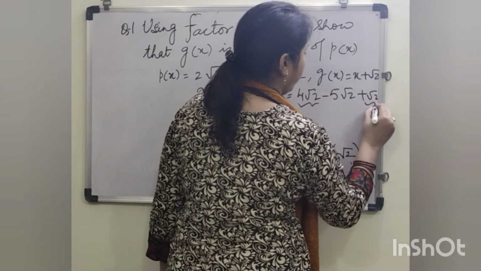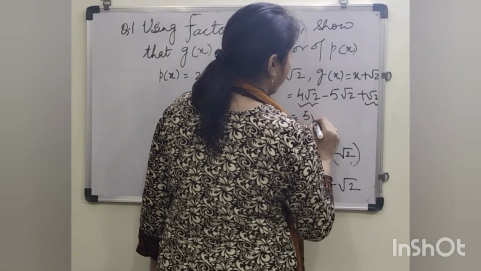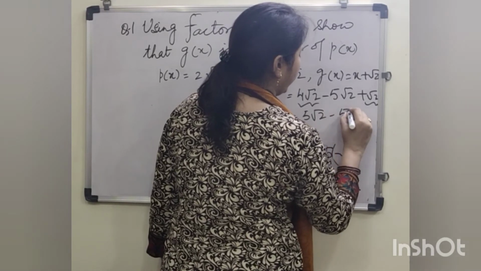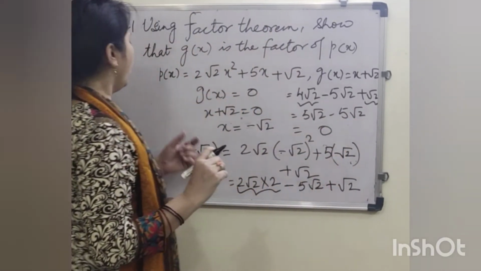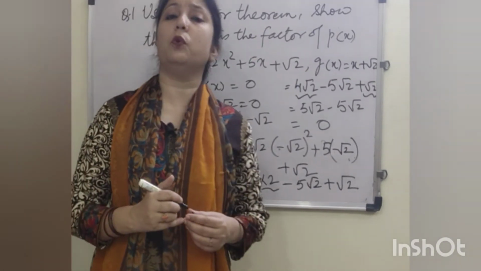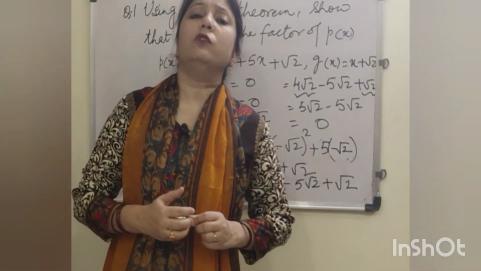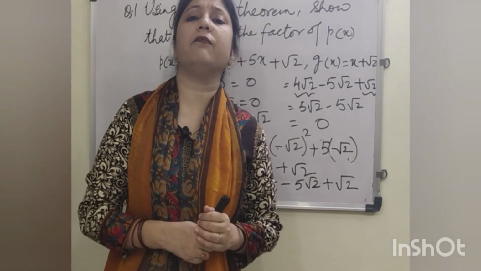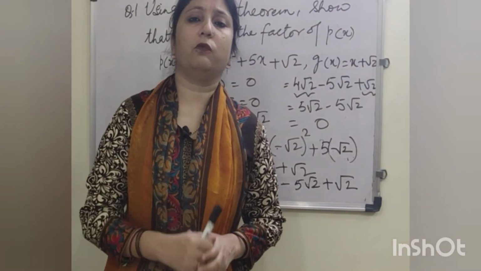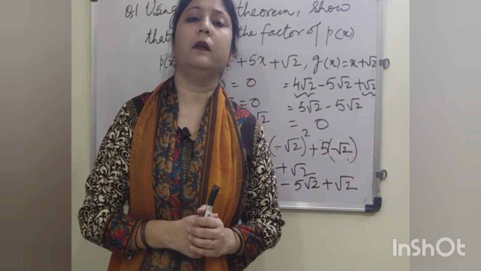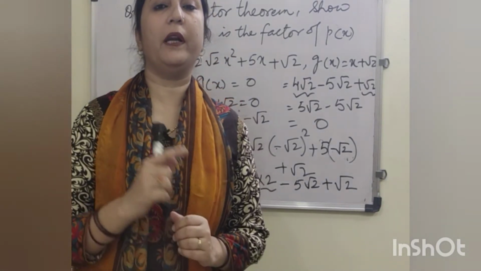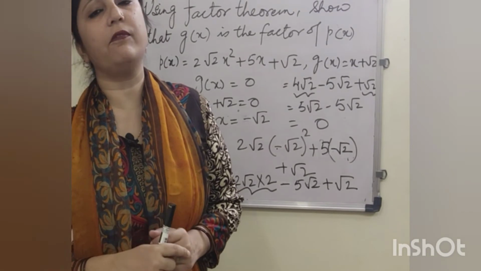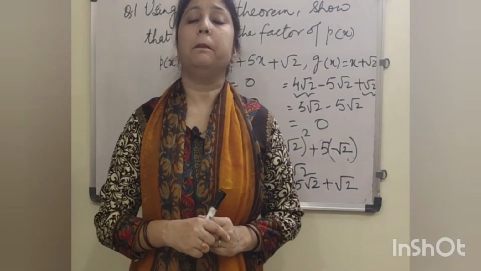Simplify these two first, you will obtain 5 root 2 minus 5 root 2. So answer is 0. So we have obtained p of minus root 2 is equal to 0. So g(x) is again a factor of p(x). Whenever you get p(a) equal to 0, it means x minus a is a factor of p(x).